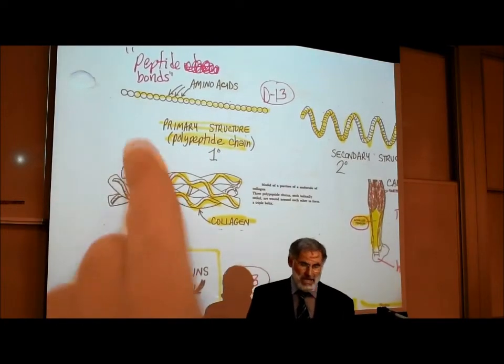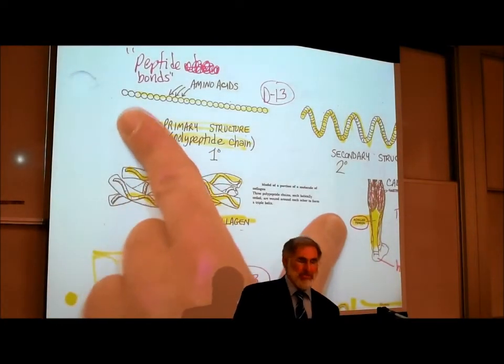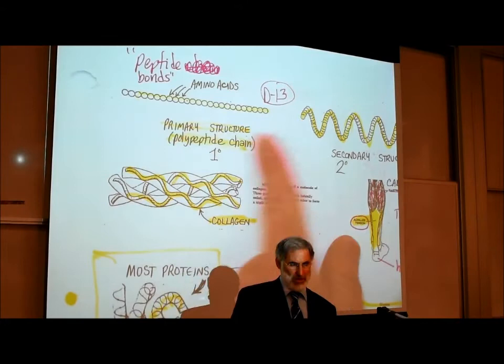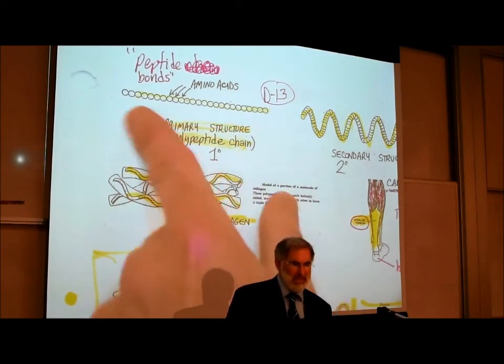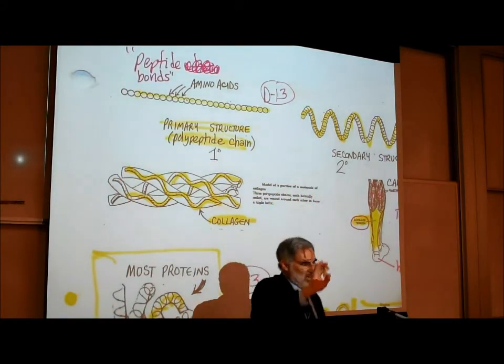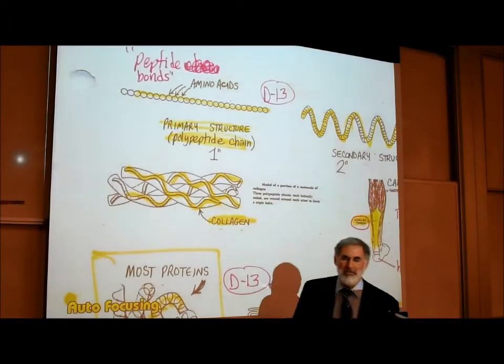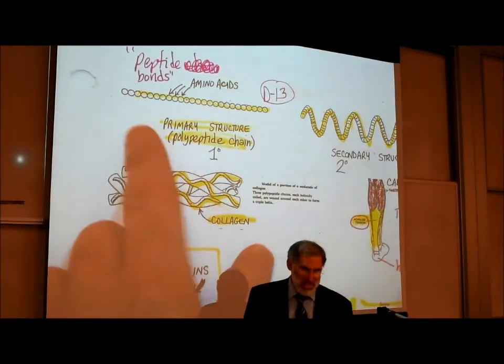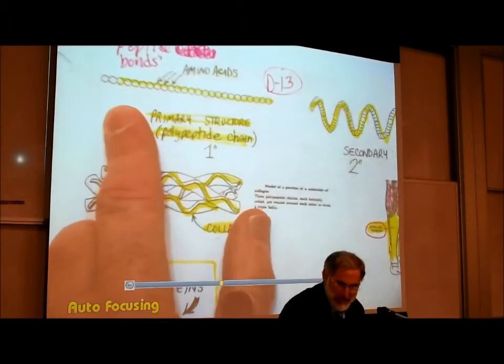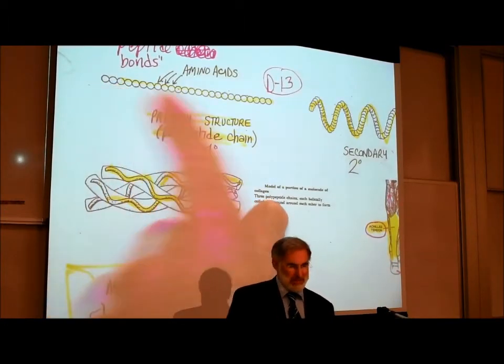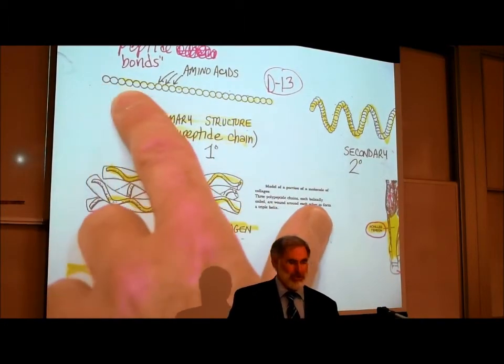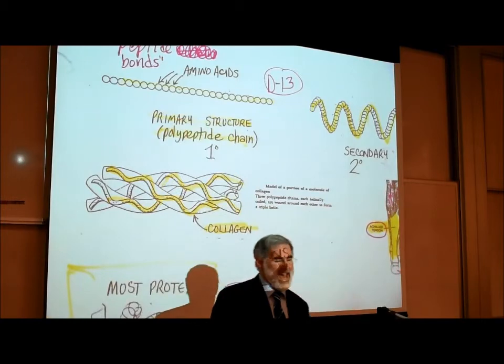On page D13, what we mean by the primary structure of a protein is simply the chain of amino acids. Each of these little balls, this kind of looks like a pearl necklace, each of these little pearls or balls represents an amino acid.